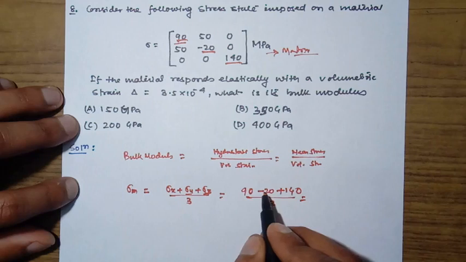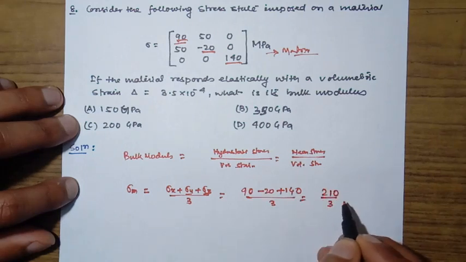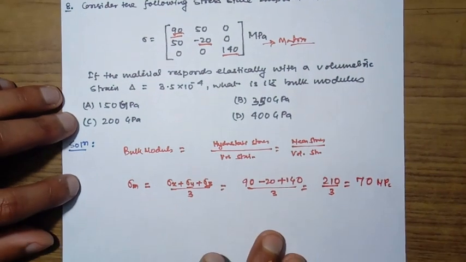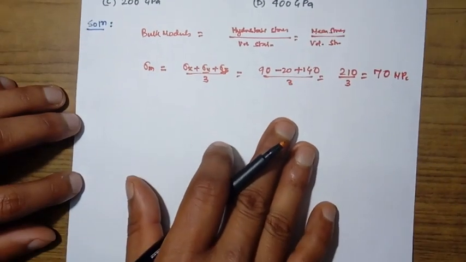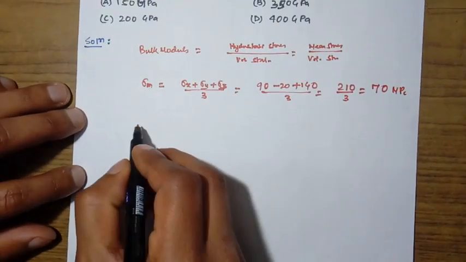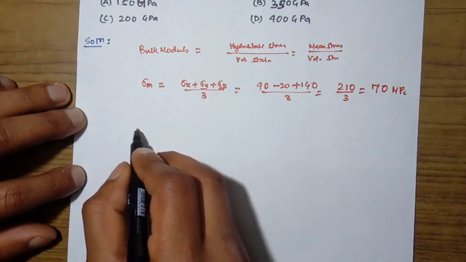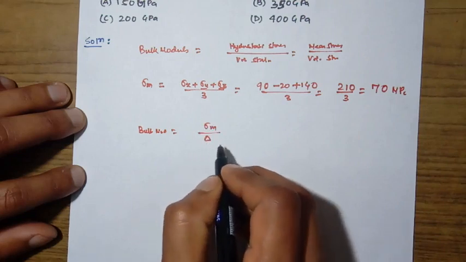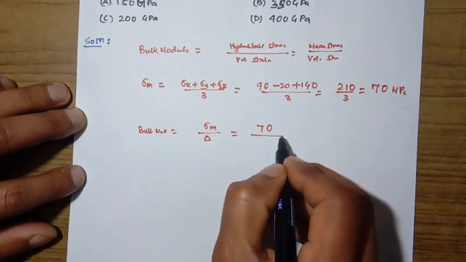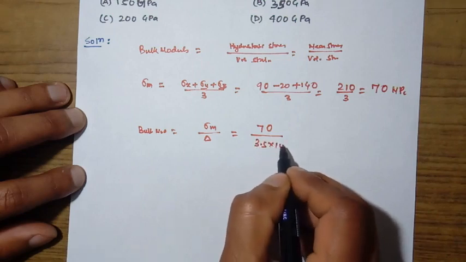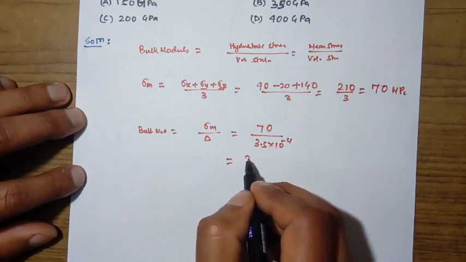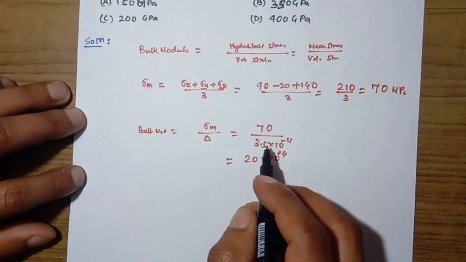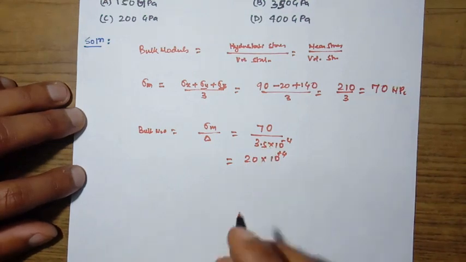So bulk modulus is equal to sigma m divided by delta, that is 70 divided by 3.5 into 10 power minus 4, which is equal to 20 into 10 power 4. This is 70 MPa, so 10 to the power 6.